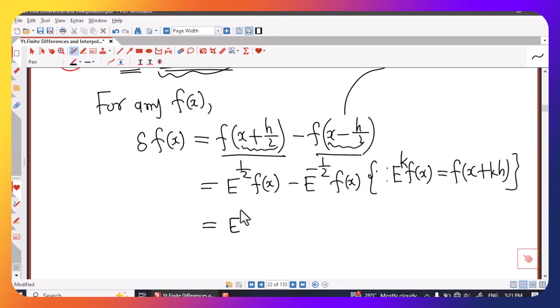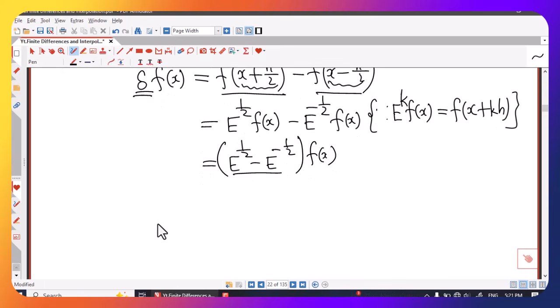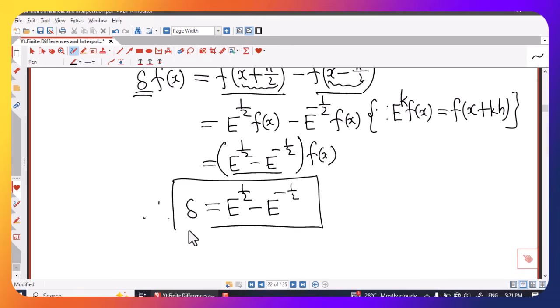Now you can rewrite this as e to the power 1 by 2 minus e to the power minus 1 by 2 applied to f(x), and you can now see that for any function f(x), delta f(x) and e raised to 1 by 2 minus e raised to minus 1 by 2 are equal. That proves that delta is equal to e to the power 1 by 2 minus e to the power minus 1 by 2.